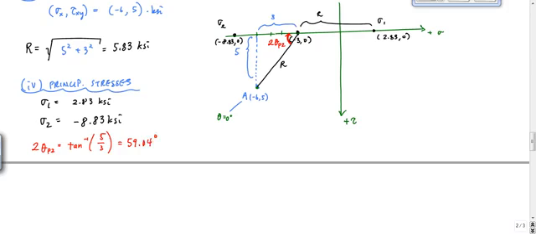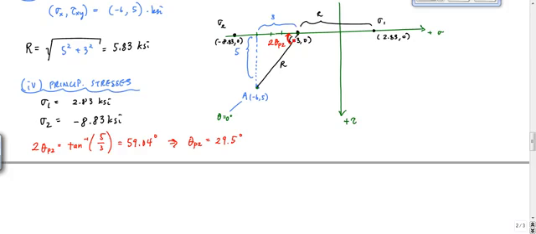Very good, right? And then that makes theta P2 about 29.5 degrees, about 29.52. But anyway, 29.5 degrees, whatever. It's about the same, 30 degrees. So that's great.